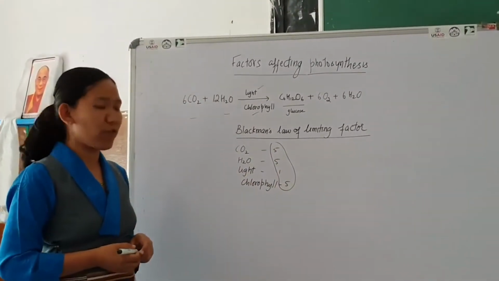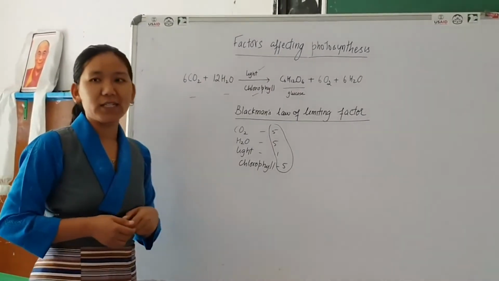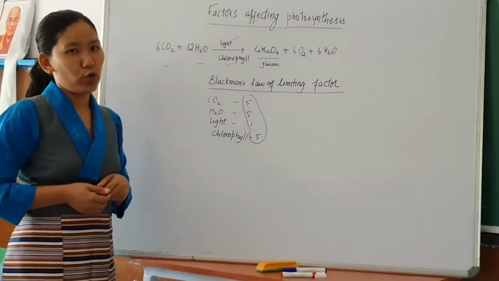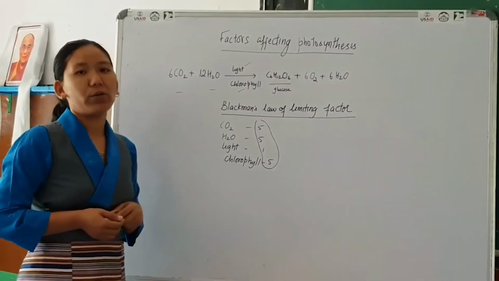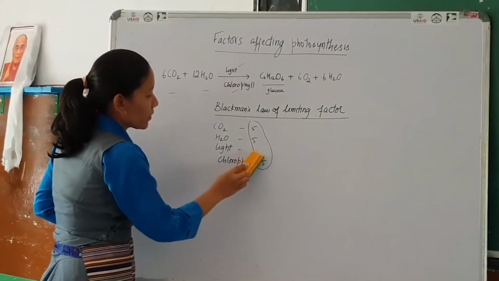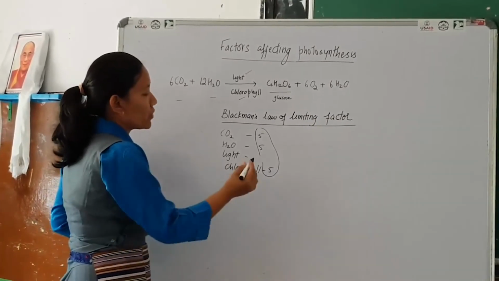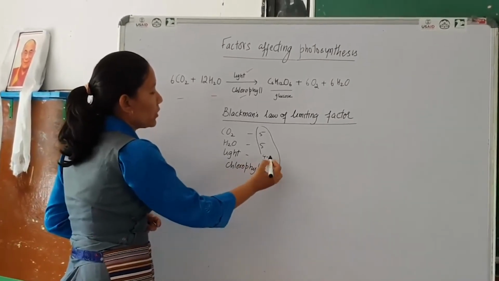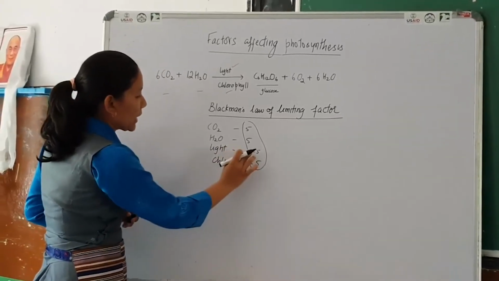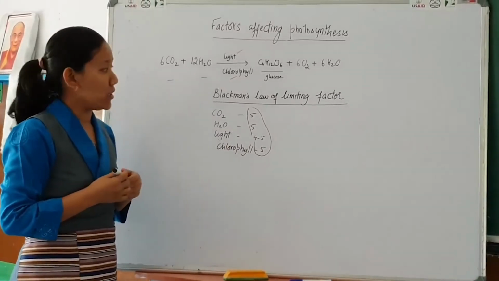So here you can find that the amount of light is at its minimum value. So this minimum value will affect the rate of photosynthesis. So if you increase the light here, then the rate of photosynthesis will increase. So maybe you can increase to 4, 5 and so on. Okay, again here, if you keep increasing up to a limit, the rate of photosynthesis will increase.